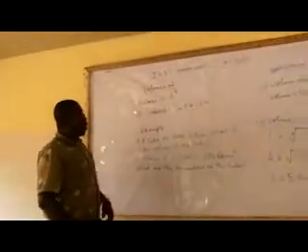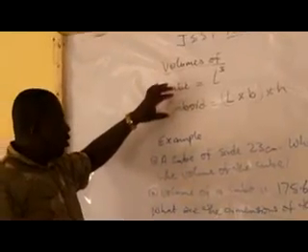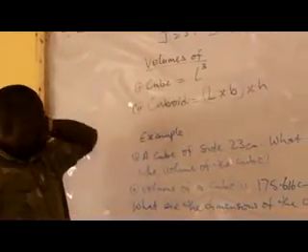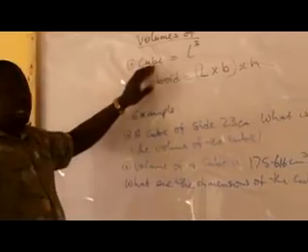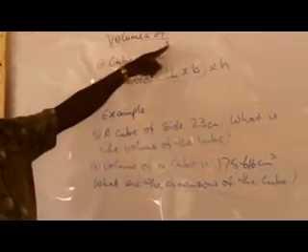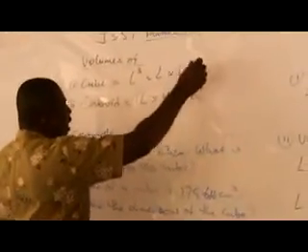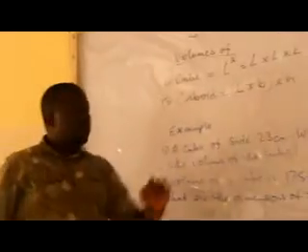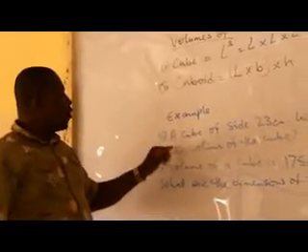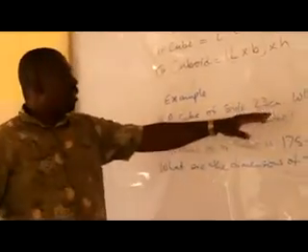From what we were saying before now, we are going to start with the volumes of the cube and cuboids. As we mentioned in the beginning, the volume of a cube is given as L cubed, L raised to power 3, that is L times L times L. Then the volume of a cuboid is given as length times base times height. So in this example, we have a cube of side 23 cm.